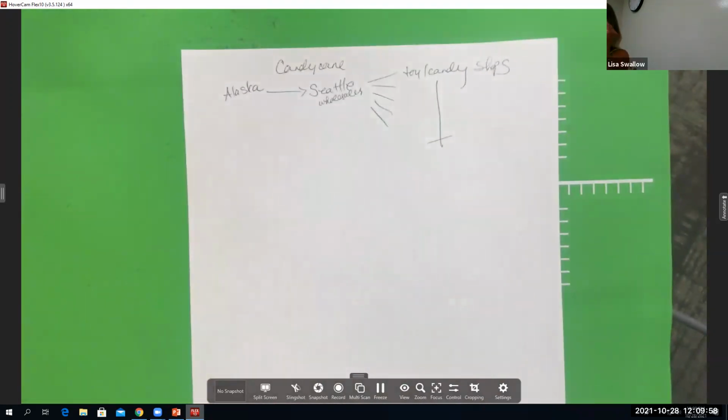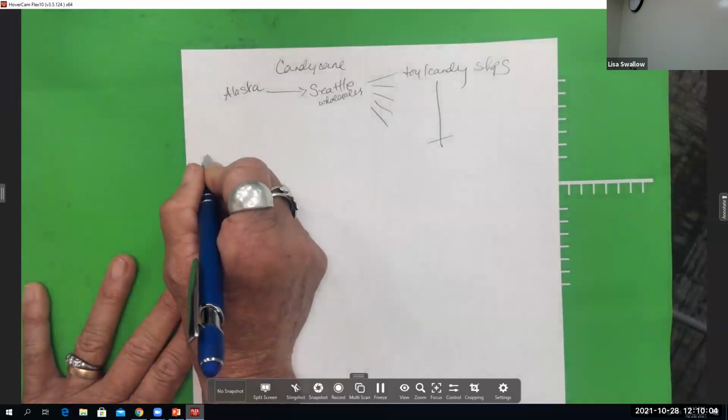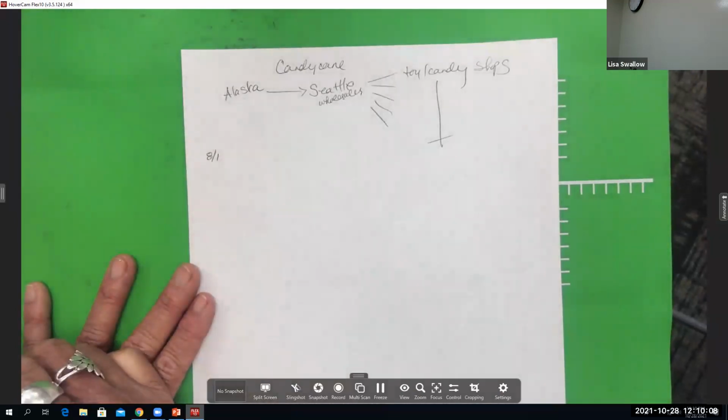Okay, everyone understand what I'm doing? These are just little tiny candy canes. So the first thing that I do, let's see, I probably was making these transactions back in like August, right?